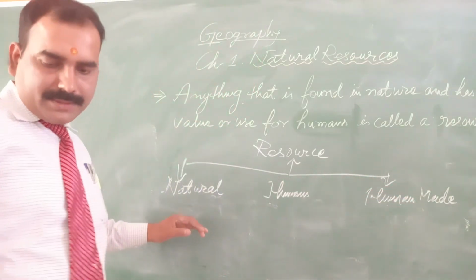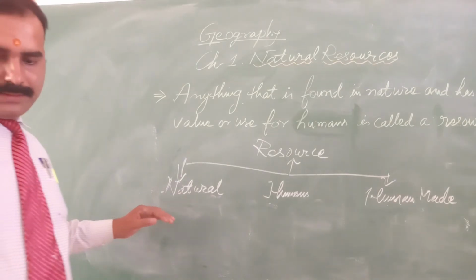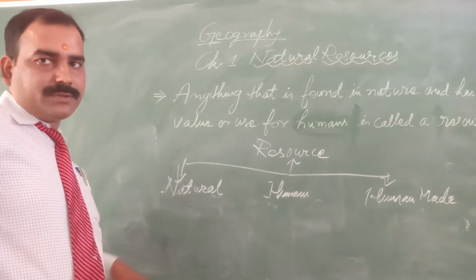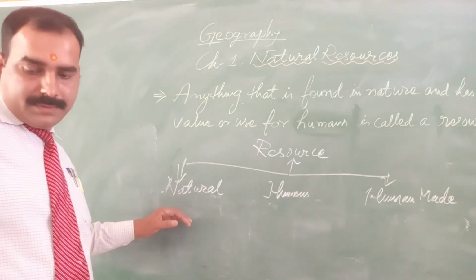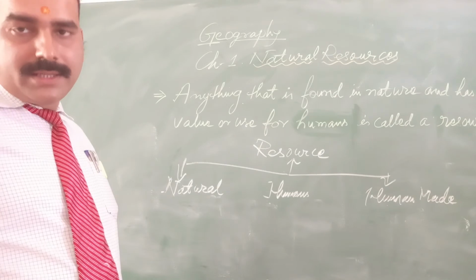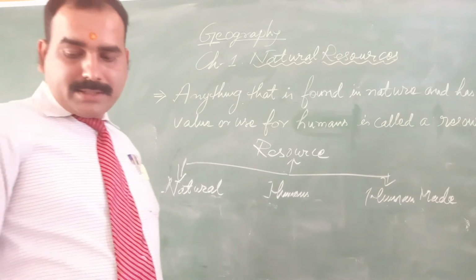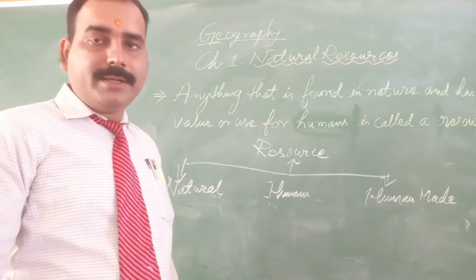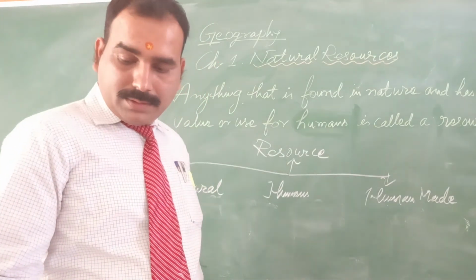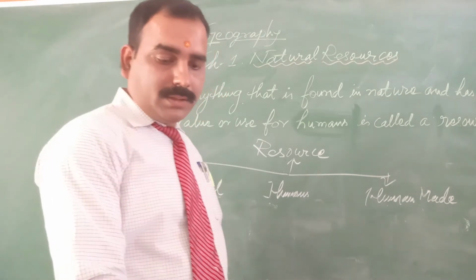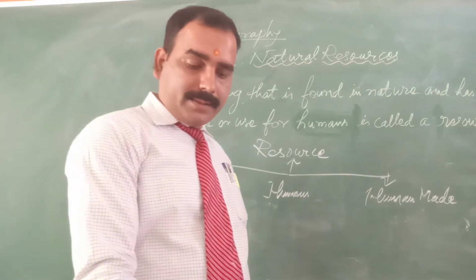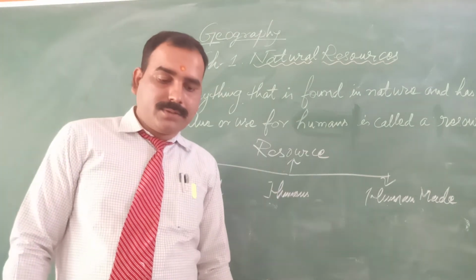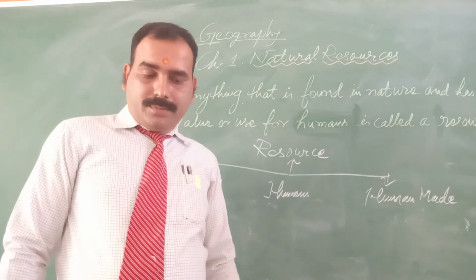Natural resources, I have explained to you, are those resources that occur naturally and support life. They are divided into different classes on the basis of their origin or source, their stage of development, their renewability, their distribution, and their availability. On the basis of origin, they are divided into two parts: biotic and abiotic resources. On the basis of their stage of development, they can be divided into actual and potential resources.